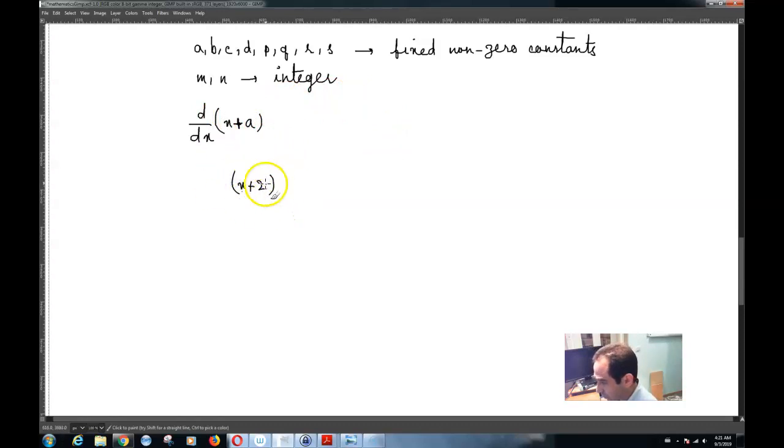So in this case, in order to find the derivative of this function, of course you can write this as basically d by dx of x plus d by dx of a, which is equal to, actually I need to go back here.